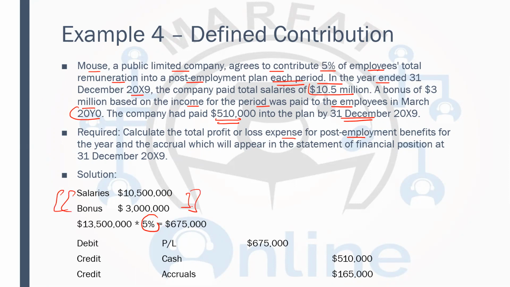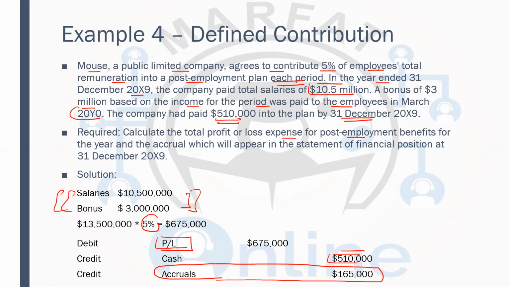So 13.5 million multiplied by 5% gives you 6,75,000. This is an expense that should be recorded in the profit or loss. Till now, they have only paid 5,10,000. So 1,65,000 should be recorded as an accrual in the statement of financial position.